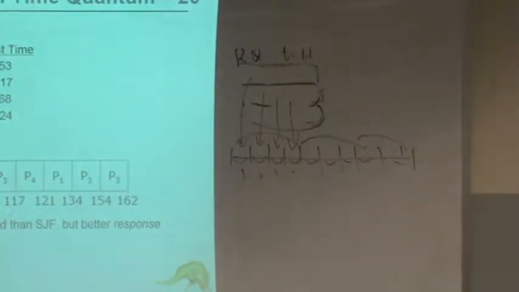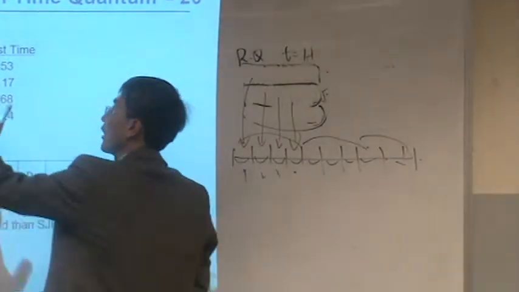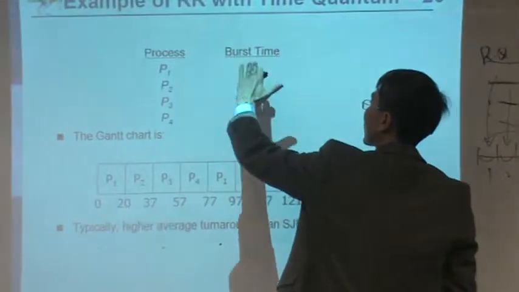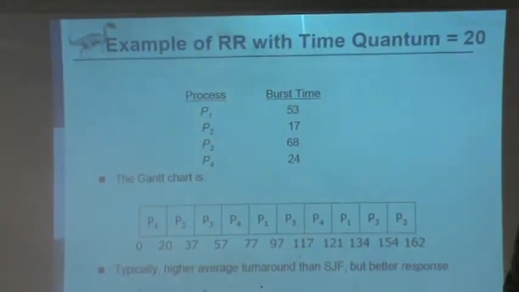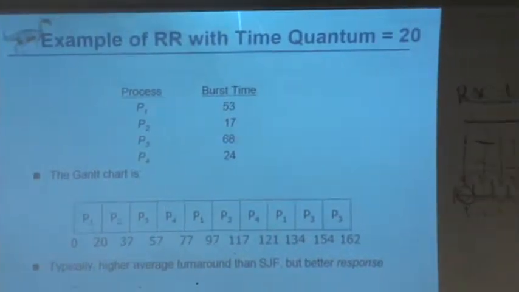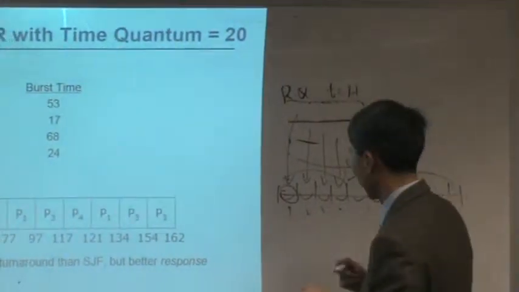Currently all the processes arrive at the same time: P1, P2, P3, P4, and the CPU burst times are 53, 17, 68, 24. First, we need to decide the size of the time slot. Let's say it is 20.